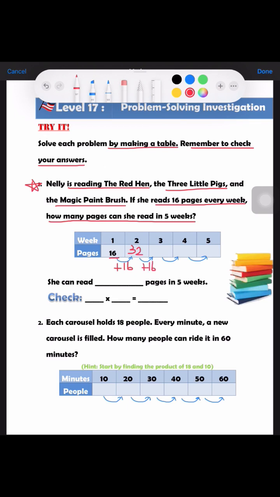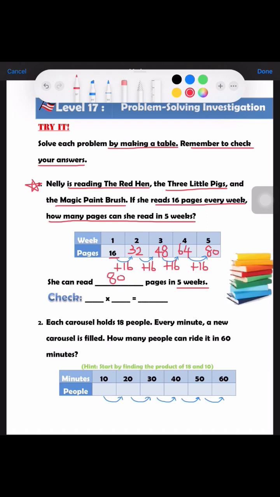It will be 32 plus 16, which is 48. And then in the fourth week it will be 48 plus 16, which is 64. And in 5 weeks it will be 64 plus 16, which is 80. So she can read 80 pages in 5 weeks.